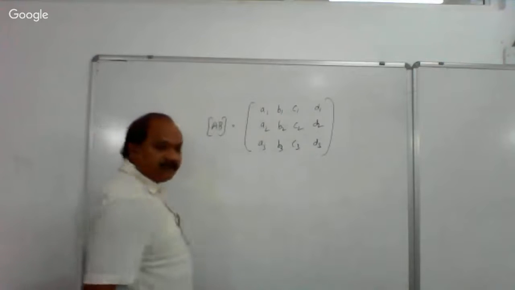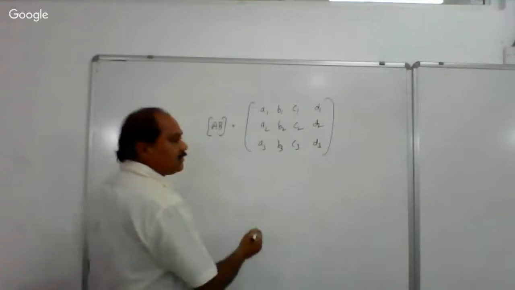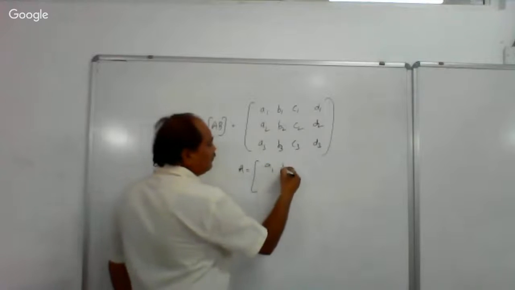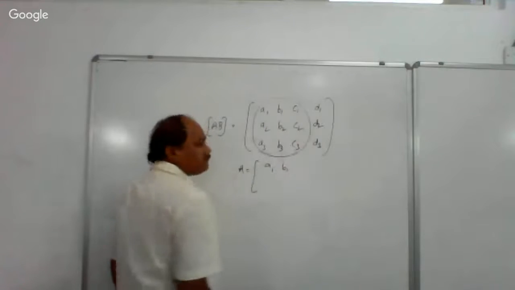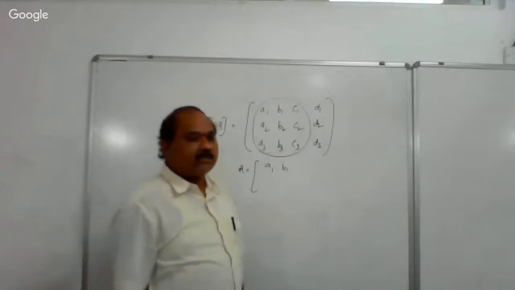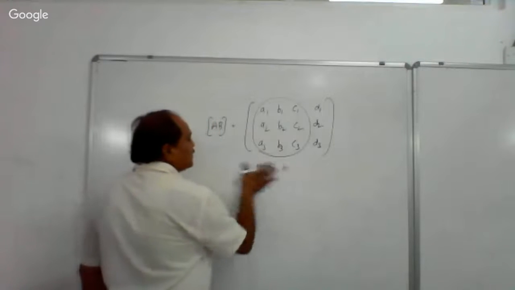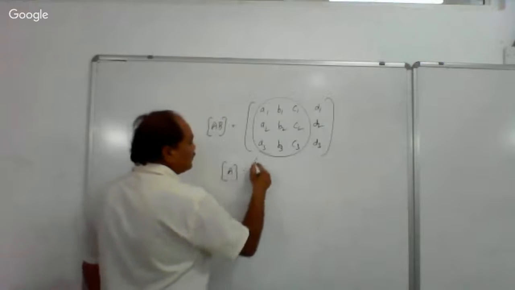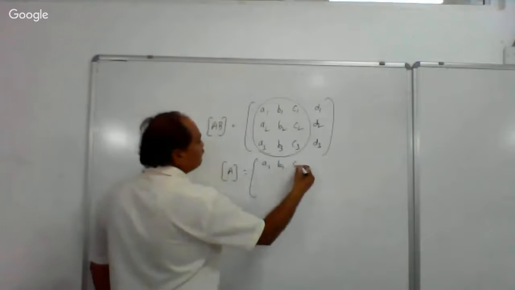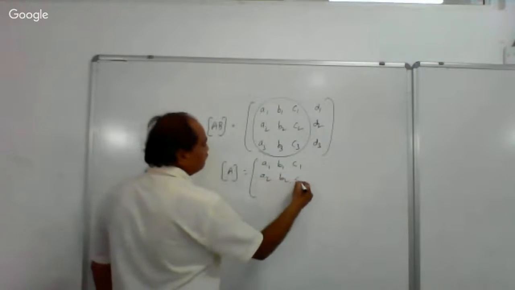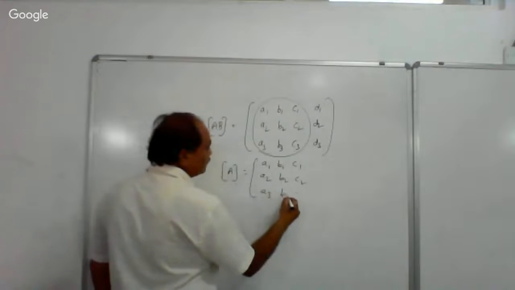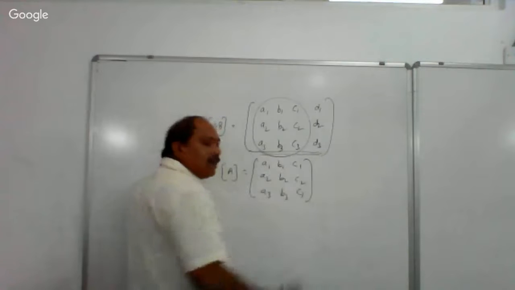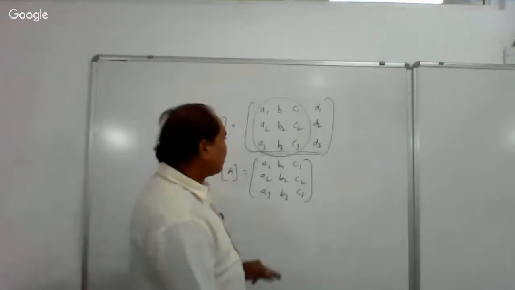The part A, that is A1, B1 and so on, is called the coefficient matrix. A is called the coefficient matrix, and this is called the augmented matrix.